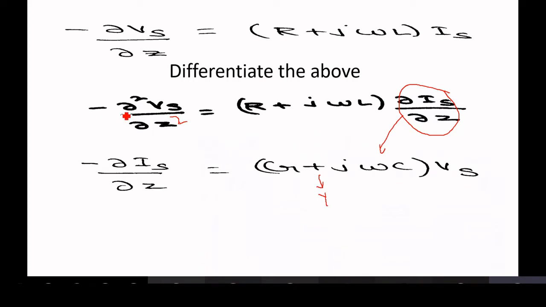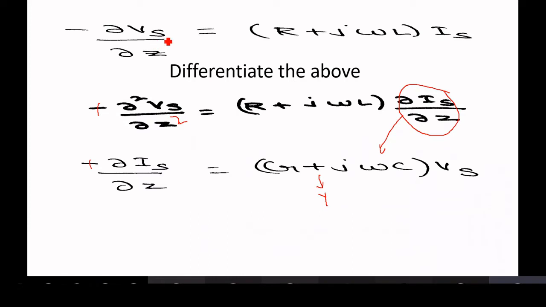This equation already has one minus, and dou Is by dou Z also has one minus, so this minus and this minus will get cancelled. Now this will be multiplied by R plus J omega L into G plus J omega C into Vs.